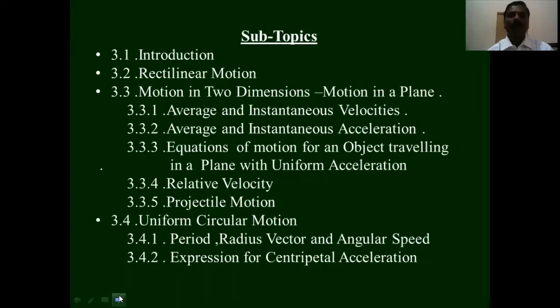The first point is given introduction to the topic. The second point is given as the rectilinear motion. The third point is given the study of motion in two dimension, that is motion in a plane.